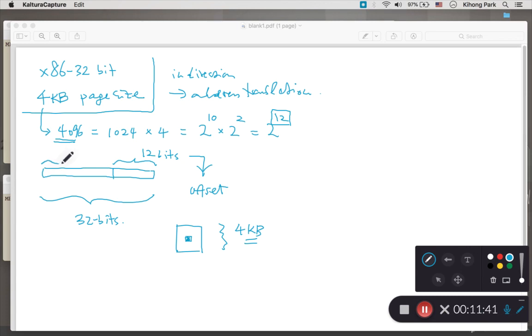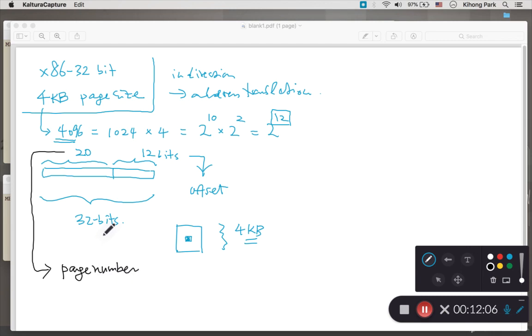These remaining bits, which are of course 20 bits, since it's 12 plus 20, which is 32, these 20 bits are now used to identify which page we are talking about. So these 20 bits identify or are the page number.